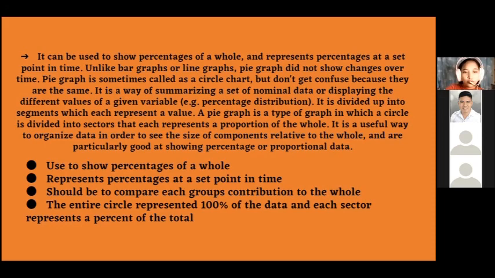A pie graph is a type of graph in which a circle is divided into sectors that each represent a proportion of the whole. It is a useful way to organize data in order to see the size of components relative to the whole, and is particularly good at showing percentage or proportional data.